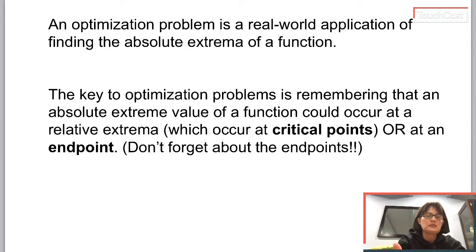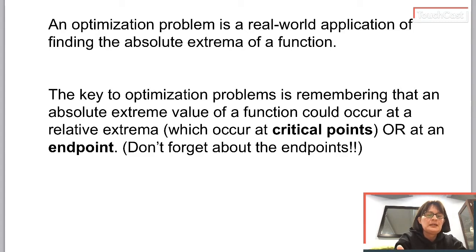So we said absolute minimums and absolute maximums, we can call those absolute extrema or global extrema. And we practiced that in 4.1. We made a t-chart with all the endpoints and all the critical points, and we used those in our function to figure out which one gave us the highest value or the lowest value. That's what we're going to do here. We just have a scenario to apply that process to.